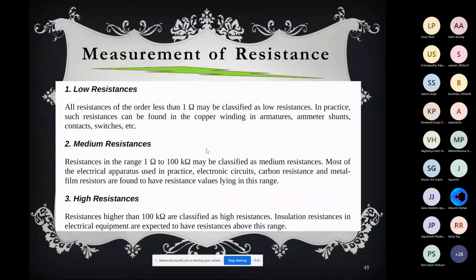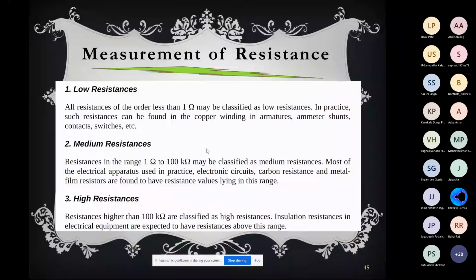Now let's discuss what I mean by low resistance, medium resistance, and high resistance. Low resistance means resistance in the order of less than 1 ohm. So resistance less than 1 ohm may be classified as low resistance.